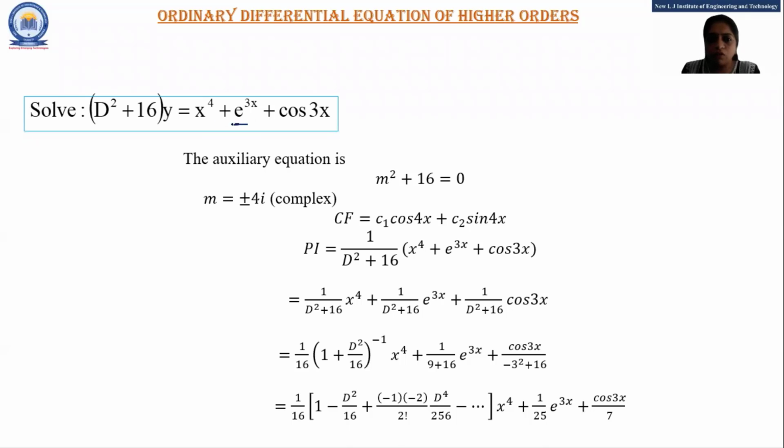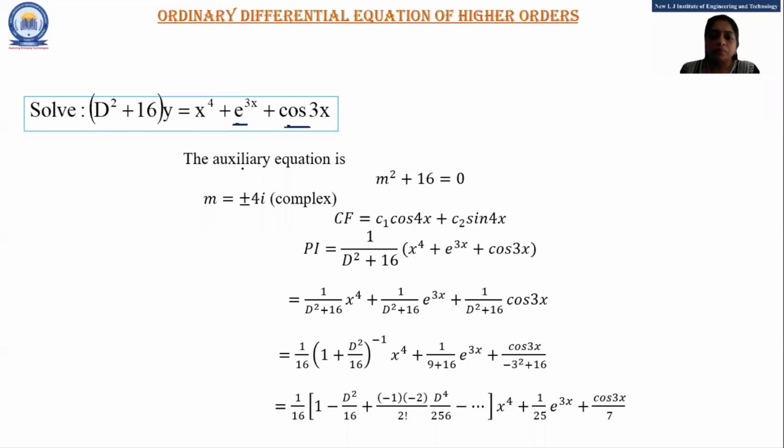The middle term is an exponential term, the last term is a trigonometric cos term, and the first term is x raised to 4. In the middle term we apply case 1, which we learned in our second lecture. Cos 3x is about case 2, and the first term, x raised to 4, is about case 3. So in this example we apply all 3 cases.